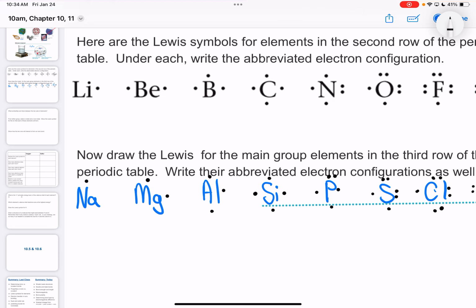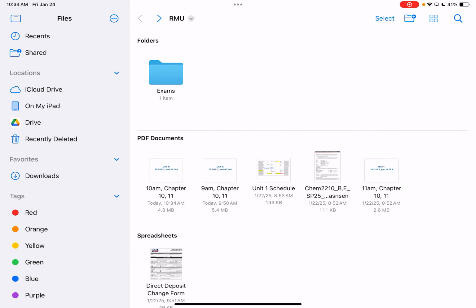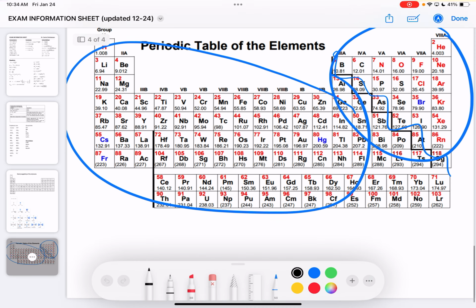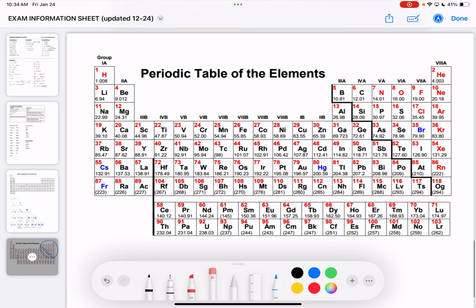So hopefully, pretty quickly, you see that they have the exact same number as the one that's above them on the periodic table. So since the beginning of Chem 1, we've told you, I'm going to switch over to the periodic table here, that in the first column there is 1 valence electron.